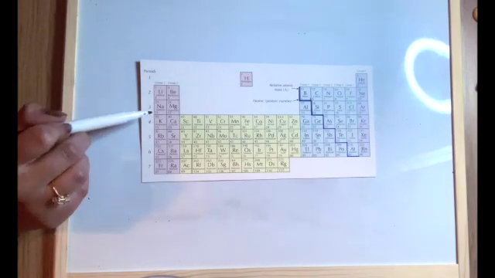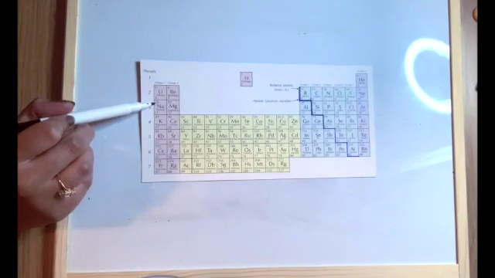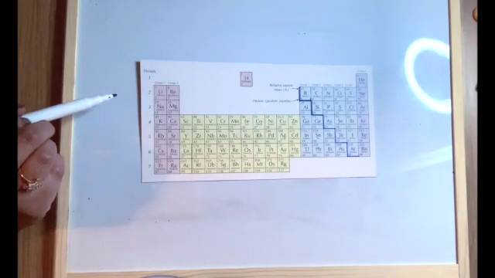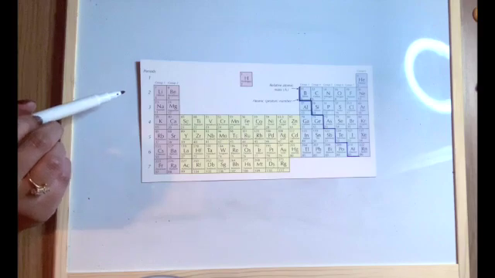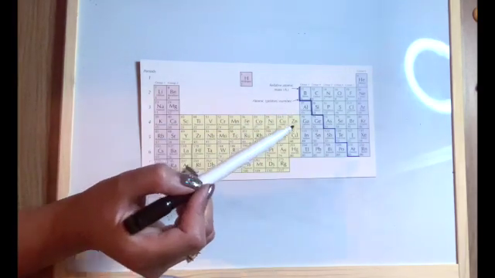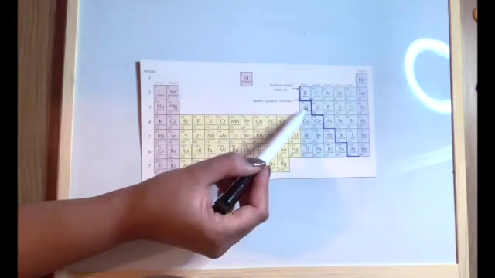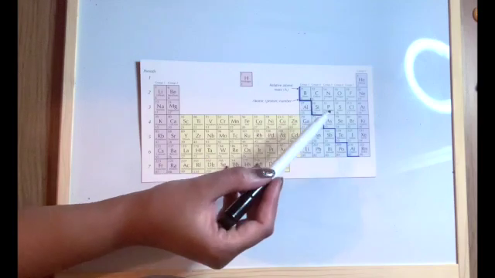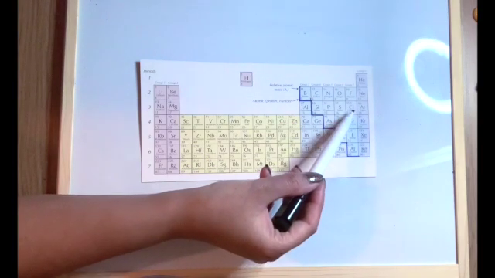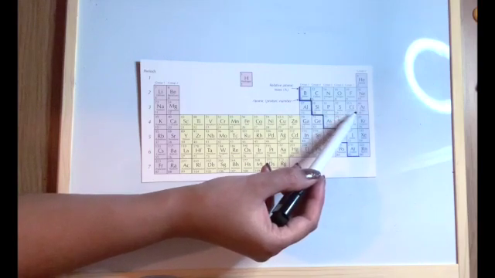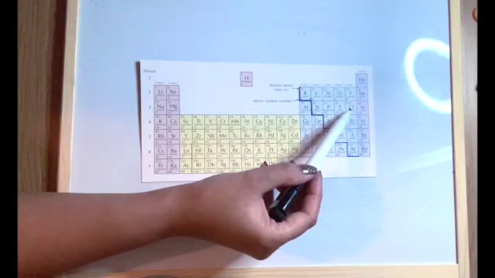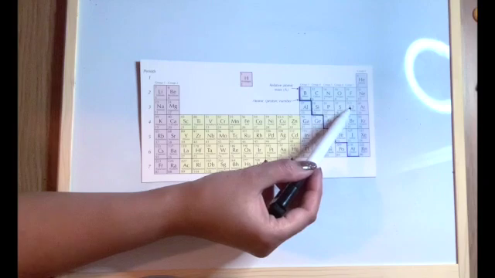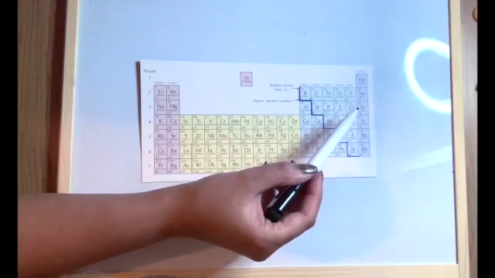So, for example, instead of writing sodium, I would write a capital N and a lowercase a. If I wanted to write aluminium, I would write a symbol with a capital A and a lowercase l. If I was writing the symbol for chlorine, now I'm going to mention chlorine because a lot of times people get these wrong, it's a capital C and a lowercase l. That's the symbol for chlorine. It's important that we write the symbols correctly.